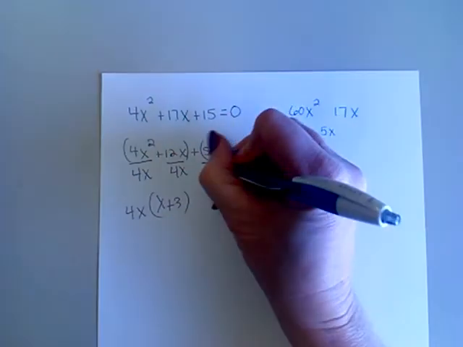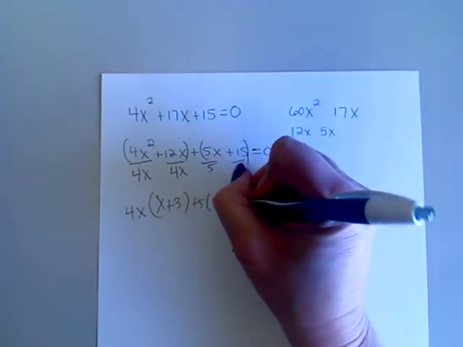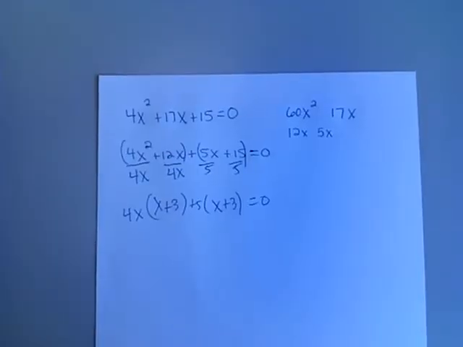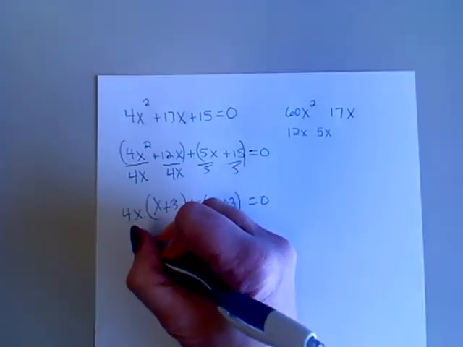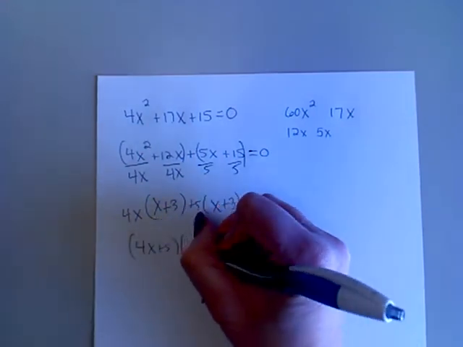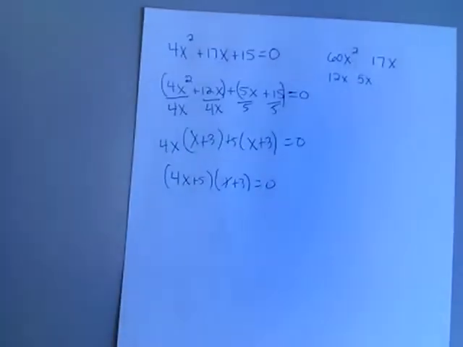The greatest common factor in the second set of parentheses is 5, and when we divide, we're going to get x plus 3. I'm going to do 4x plus 5 times x plus 3, set equal to 0. And now I can set each one of those factors equal to 0 and solve.